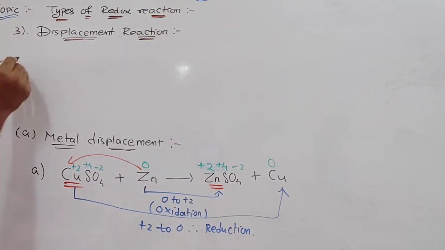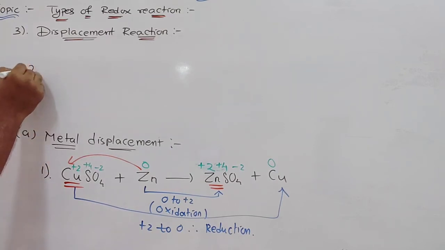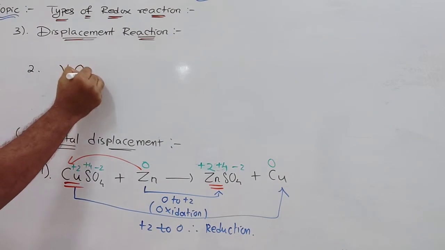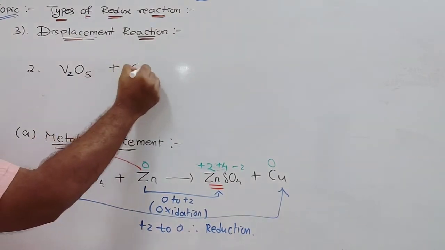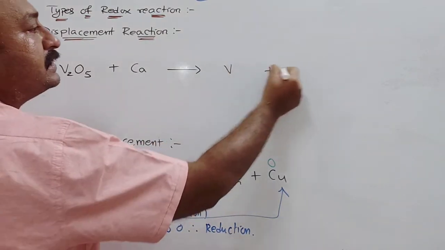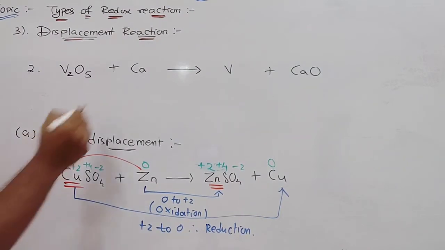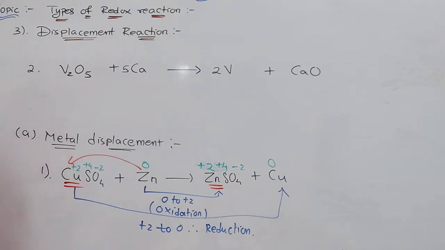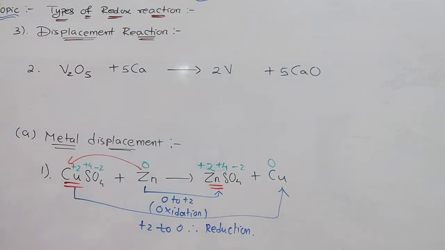The second example is about vanadium pentoxide, V2O5. When vanadium pentoxide is treated with calcium, it gives vanadium plus CaO. Now this is not balanced, so we need to balance it: 2 vanadium pentoxide, and here 5. Now it is balanced.